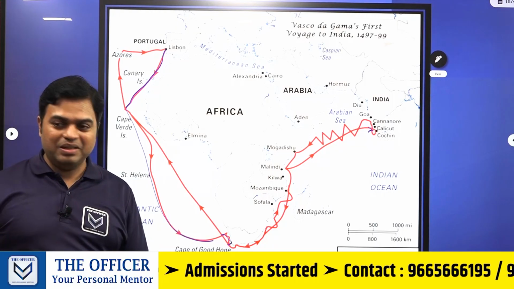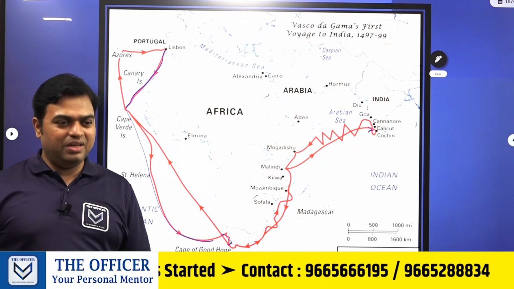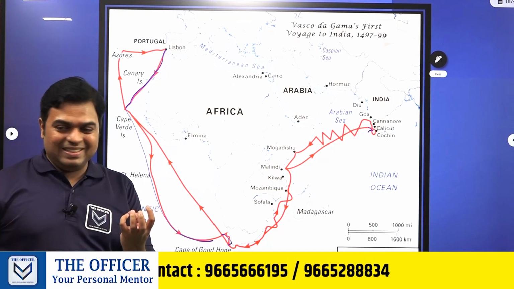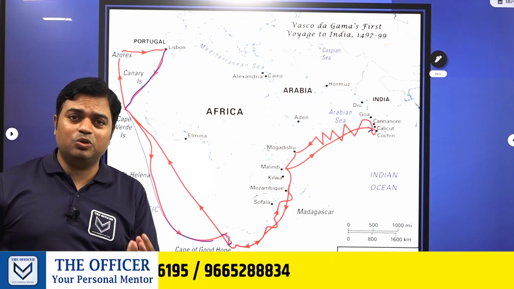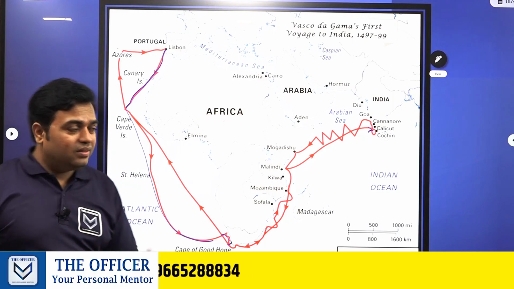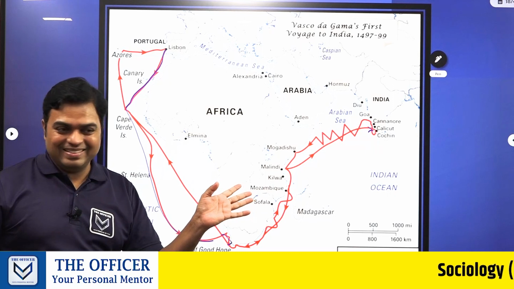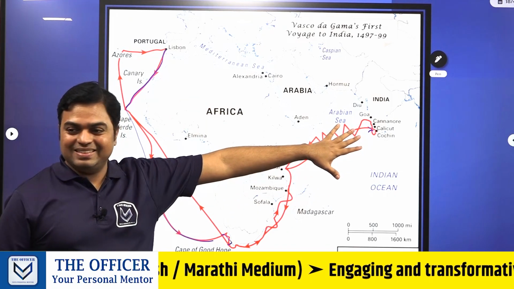Pepper, spices. Kalimiri, spices. Those spices were very important for the European people because their food was tasteless, inedible, before adding all these spices.